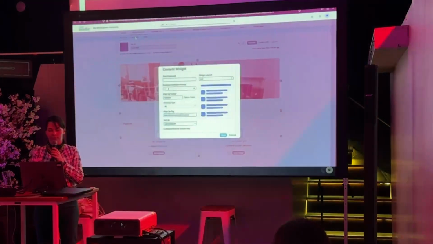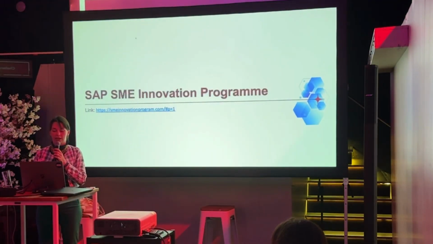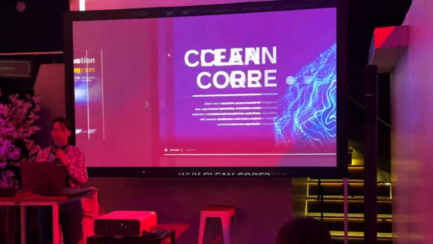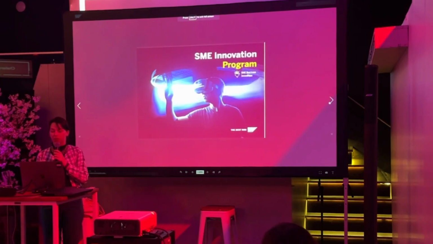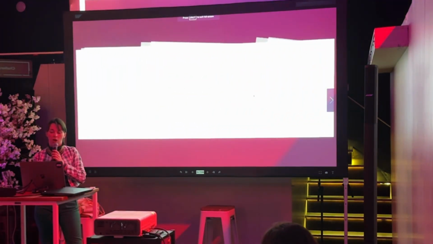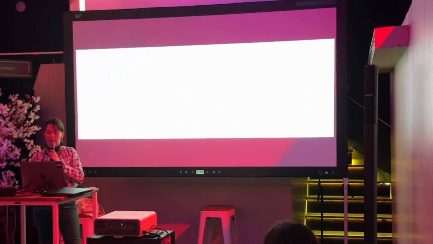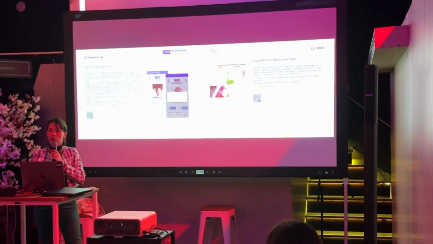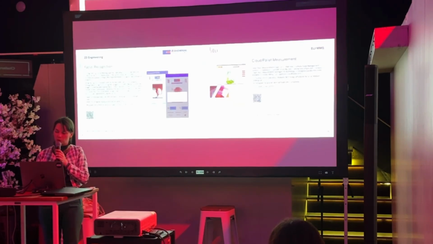And the last one is the SME Innovation Program, because there is a particular document out there telling you about all of those different innovation stories. Oh, I think I need to refresh that page. It tells you about a lot of different small and medium-sized companies and their innovation stories. Again, maybe as a spark of inspiration for you.